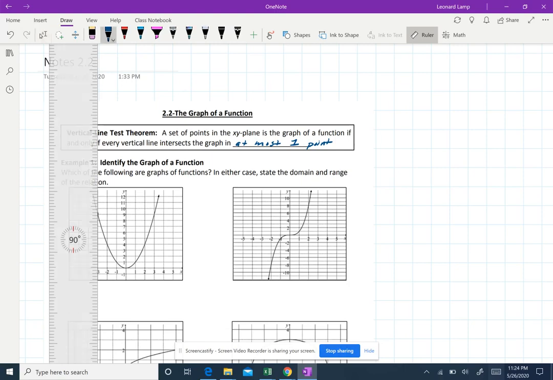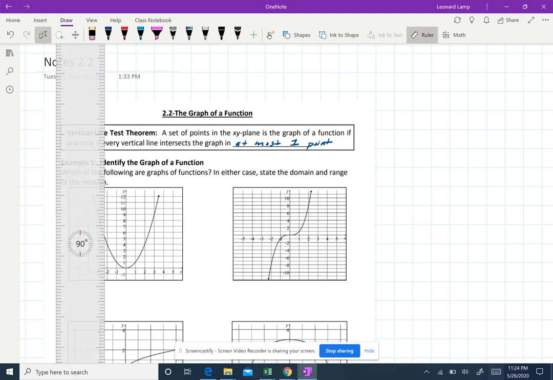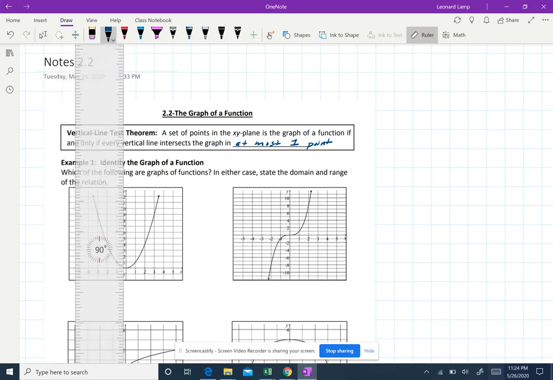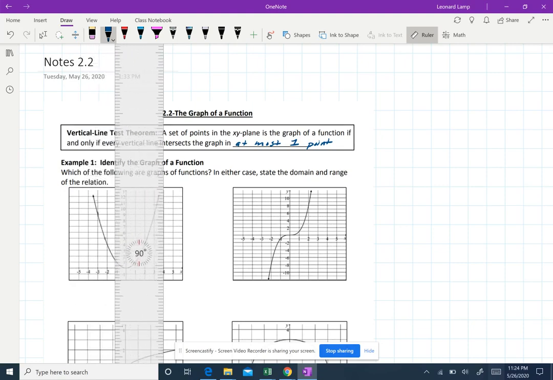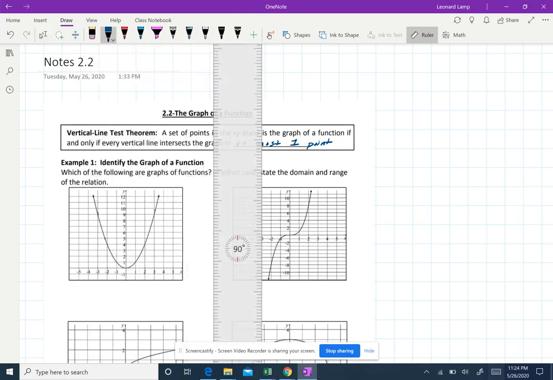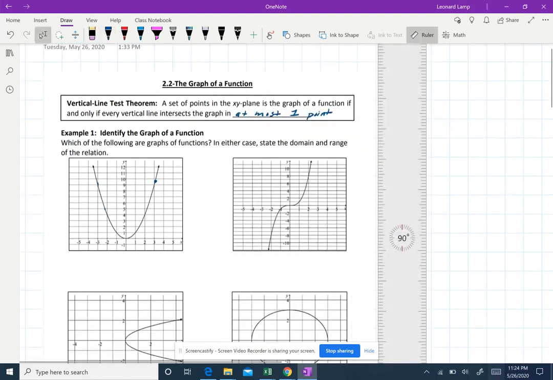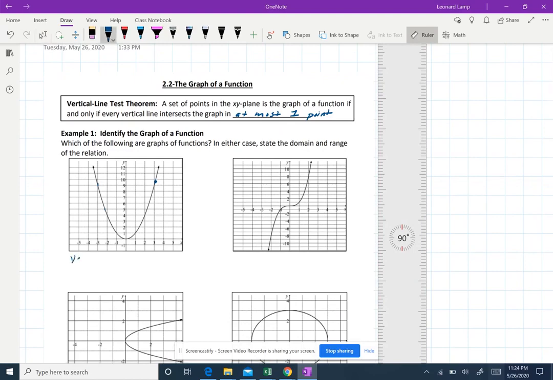See how it's touching the graph at this one point here. And then as I move it, it touches here, right? But it's only intersecting this first graph one time every single time I'm scanning through. And so that means, if it's only intersecting the graph at one point, this thing is a function. So yes, this guy is a function.